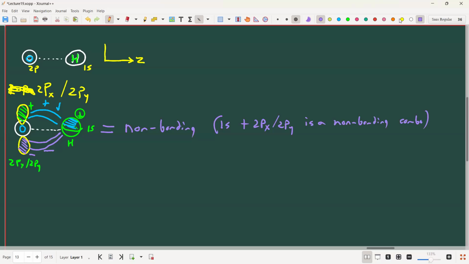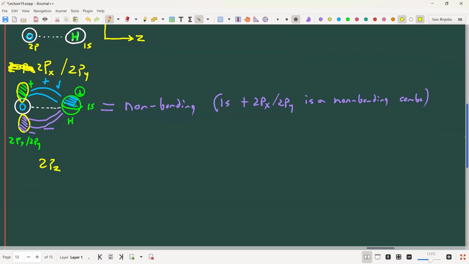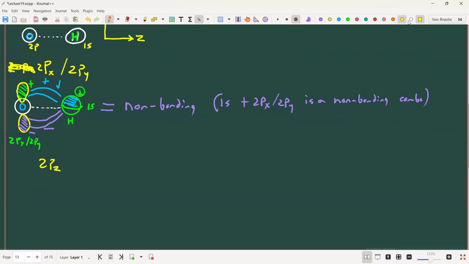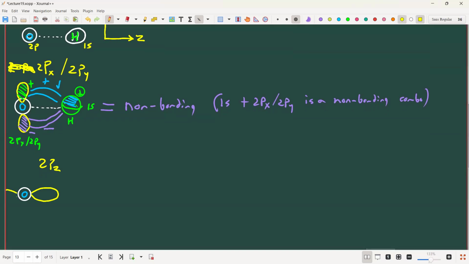Right. And then let's look at the final orbital, 2pz. And here we have an O in the middle. And now the orbital is aligned along the bond. Cut it off here. We have a positive phase here.